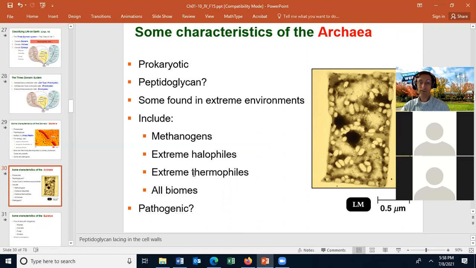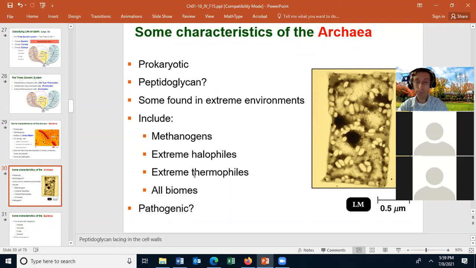And then there's the extreme thermophiles, the organisms that live at elevated temperatures, much above our body temperature of 37 degrees Celsius. These thermophiles live near the temperature of boiling water.